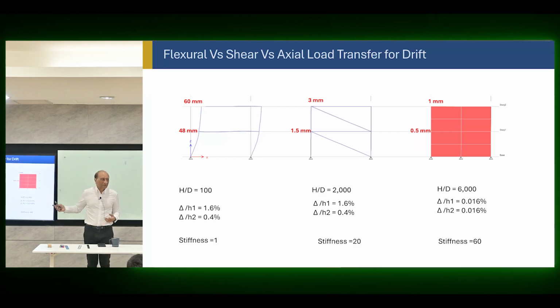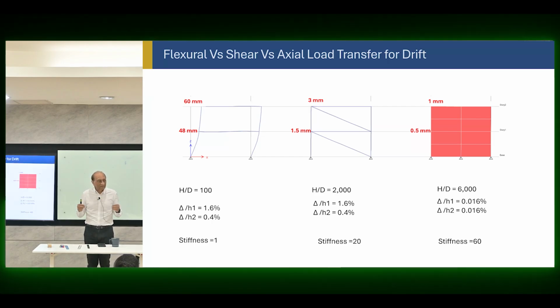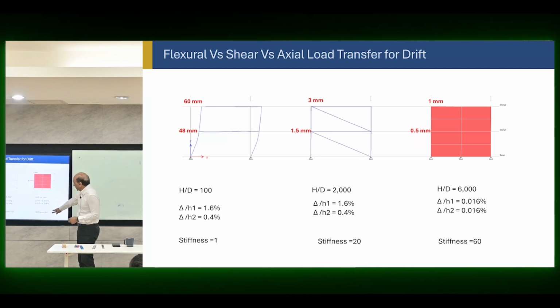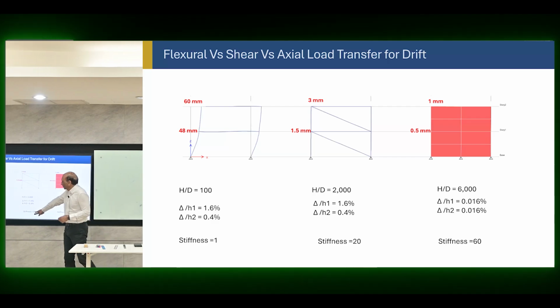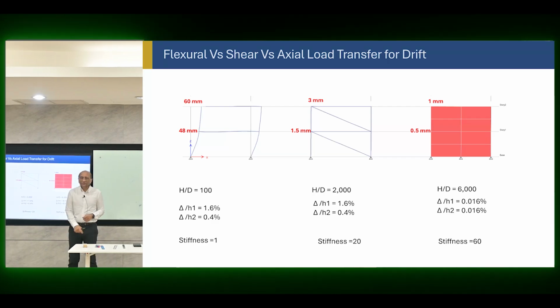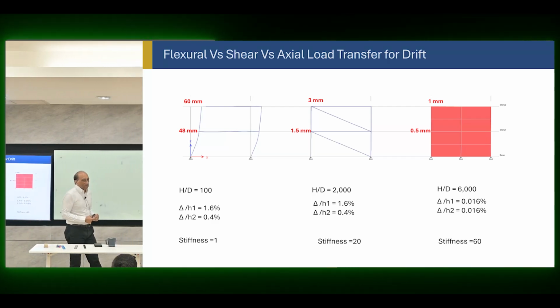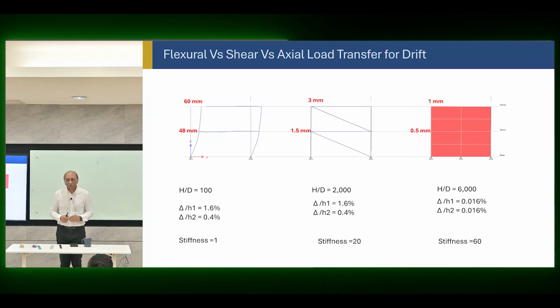Of course, if we have a wall, we cannot use this as a whole, but I'm just trying to tell you that the material distributed in the three is nearly the same, but the displacement here is extremely small, and this is about 20 times stiffer than that in terms of the displacement or the drift control.